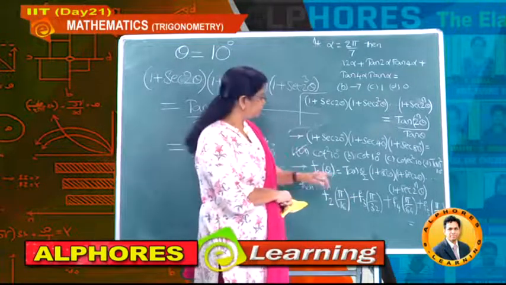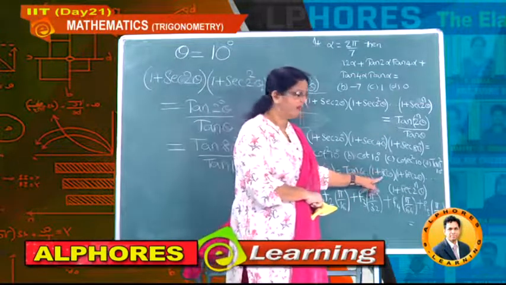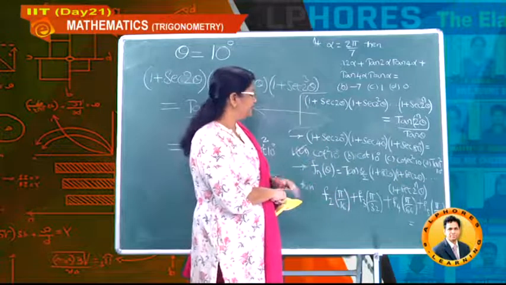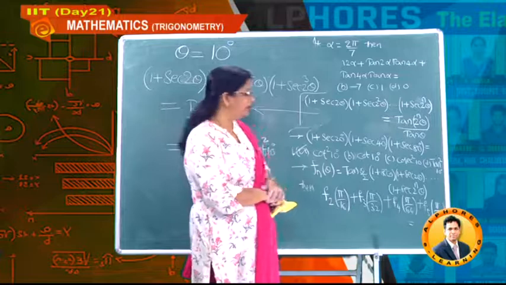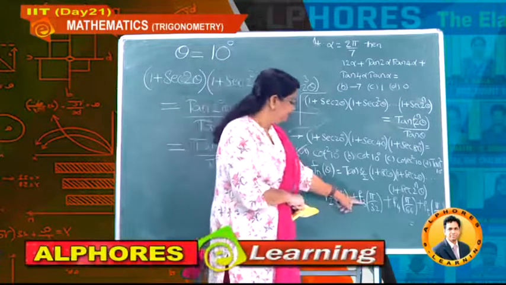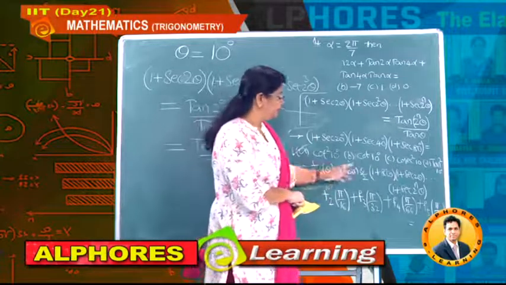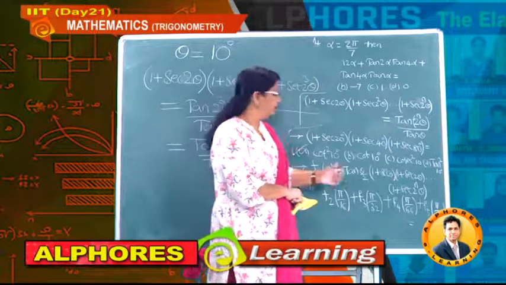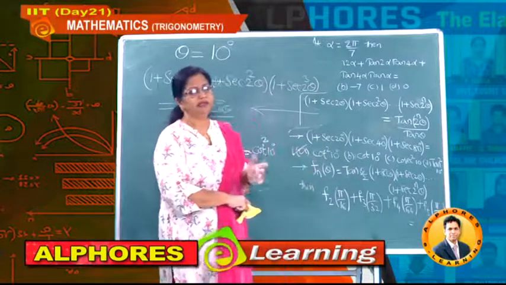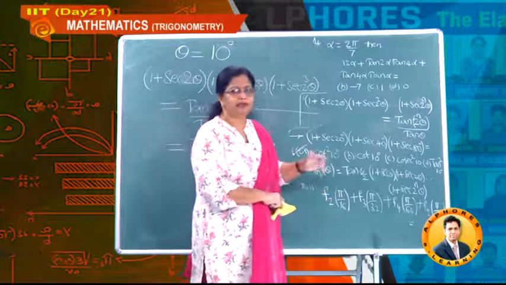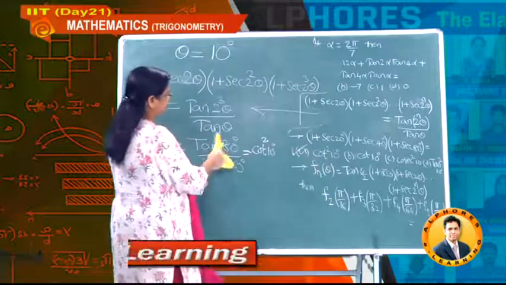First 2 terms as they are, 1 plus secant 2 theta into 1 plus secant 2 square theta, etc. You would have to continue the problem for every term, so we need not do that. Let us simplify first what is Fn theta. Later, using n value 2, 3, we can substitute and easily obtain the answer.